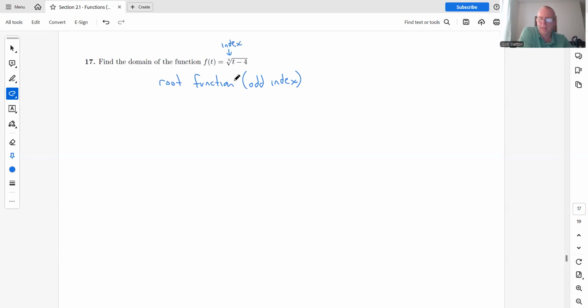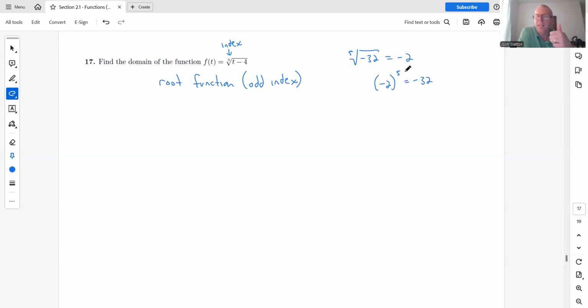If that is odd, there is no restriction on the domain, because you can take the cube root of a negative number. You can take the fifth root. So for instance, going with the fifth root, and you can check this in your calculator, the fifth root of -32 would be -2. So -2 to the fifth is -32.